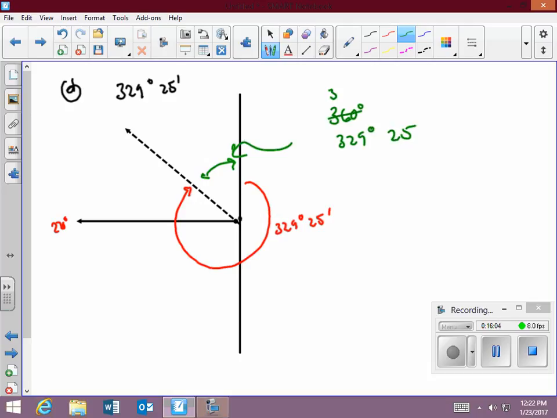So this is 359 and 60. So it's 30 and 35, right? So this is north, 30 degrees, 35 minutes west.